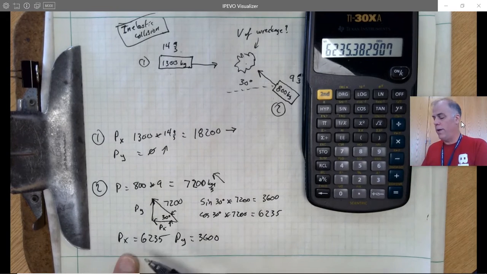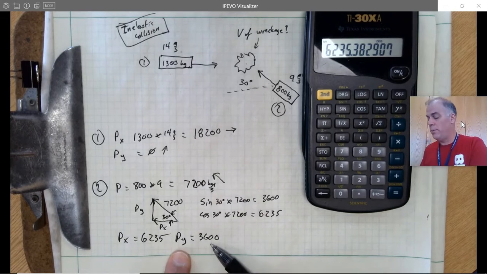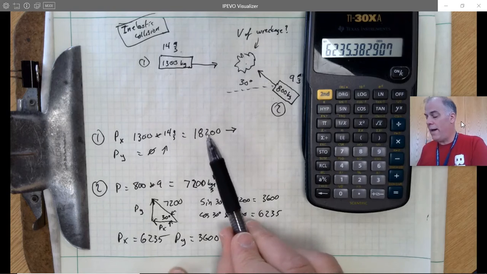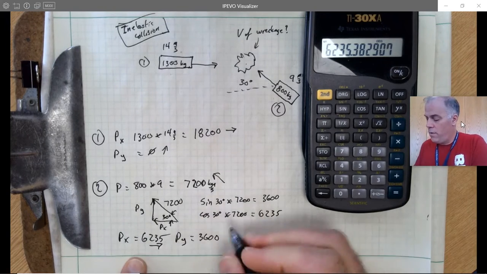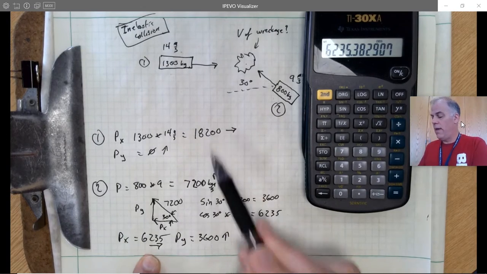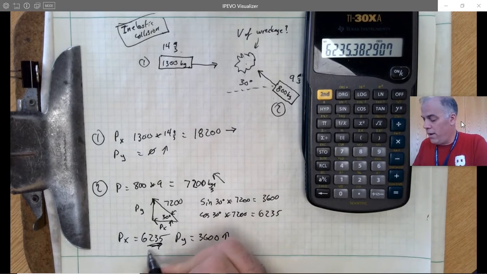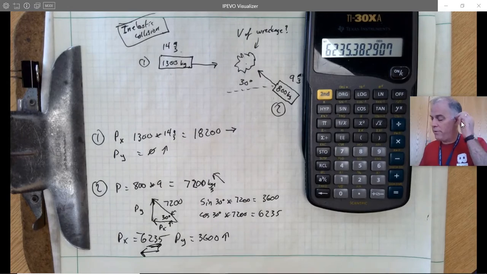That is to say, the momentum along the x-axis is 6235 units, and the momentum along the y-axis is 3,600 units. So now we have the horizontal momentums and the vertical momentums. And really, I should put this arrow the opposite direction because it's a negative. It's moving to the left.